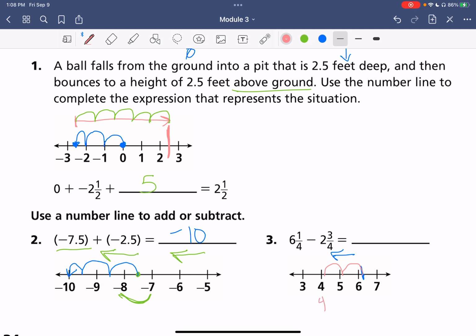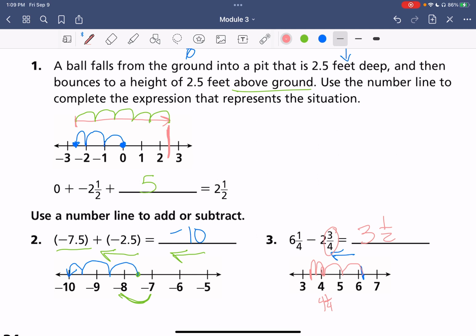I'm currently at 4 1/4. But now I need to subtract my 3/4. So here's 1/4. And then another fourth. And another fourth. Again, think quarters. And I'm going to land at 3.5.